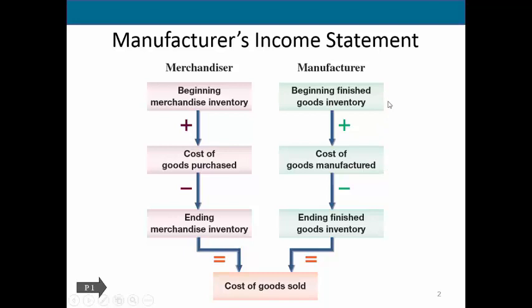So these together, the beginning finished goods inventory and then those goods that we have manufactured in the current period, give us the cost of the goods available for sale. We'll then subtract out whatever we have left over in our finished goods inventory at the end of the period, and that's how you come up with a manufacturer's cost of goods sold.